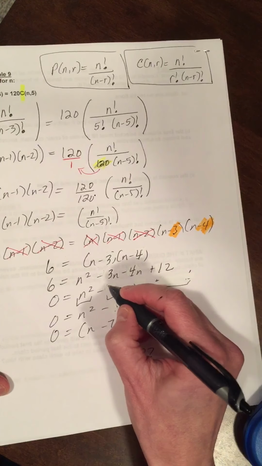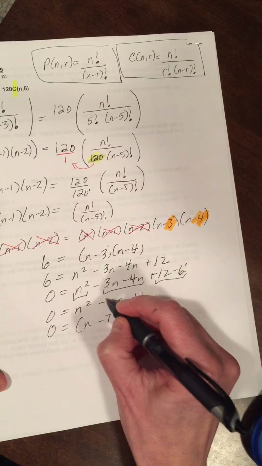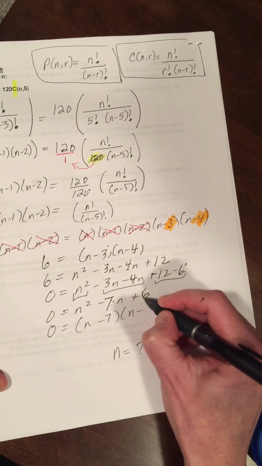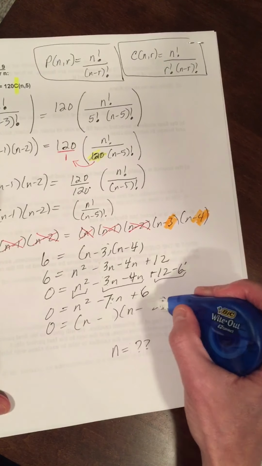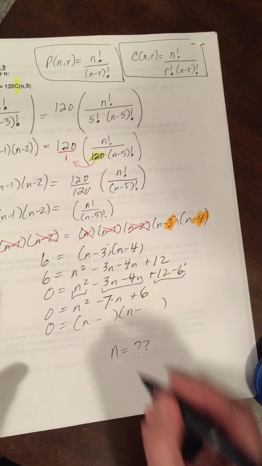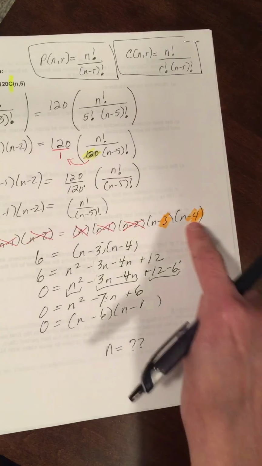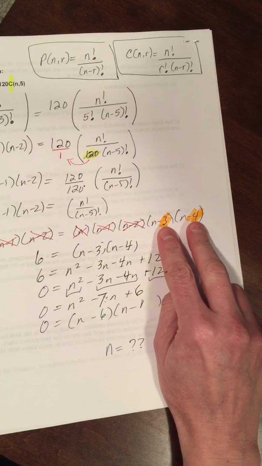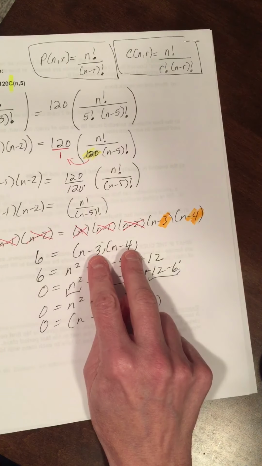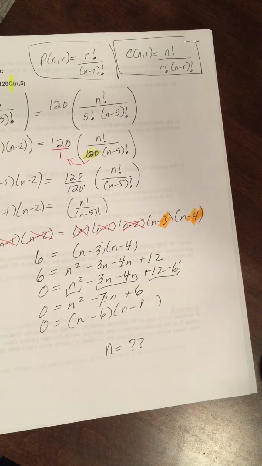And when I brought the 6 over, -3n -4n plus 12 minus 6, -7n plus 6. So I'm asking myself, what two numbers multiply to 6 and add to -7? Sorry about that, guys. Are we clear then? I just made a boo-boo. Should have been -3 and -4. Expanded, cleaned up, and now factored.